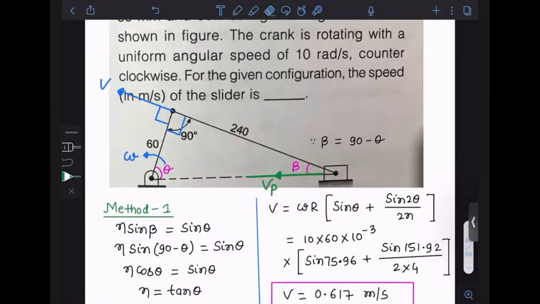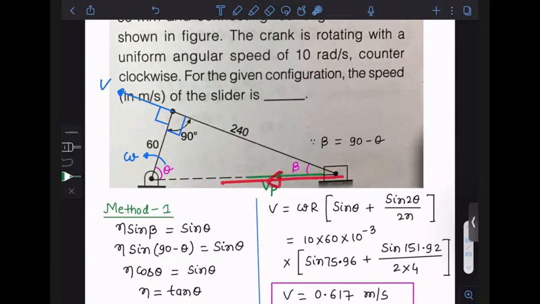One minute. See, if you are going to break the component, the piston is going to move in this direction with the VP velocity, and the component of this along this direction is equal to V. So you can also write VP cos beta is the velocity of the connecting rod.